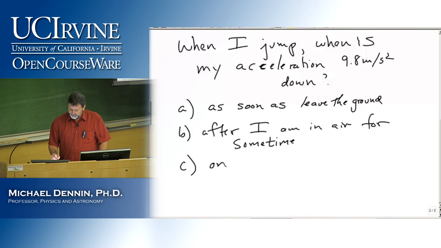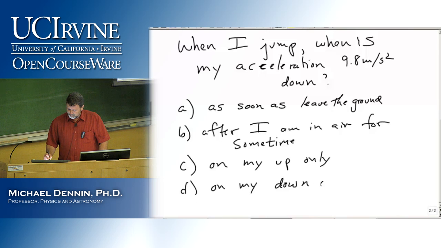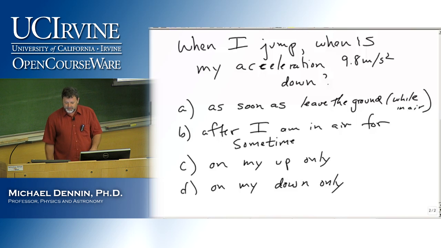On my way up only. On my way down only. And as soon as I leave the ground, and we'll add to this just the whole time while in the air, so both up and down and all of that. So what do you think it is, A, B, C, or D?